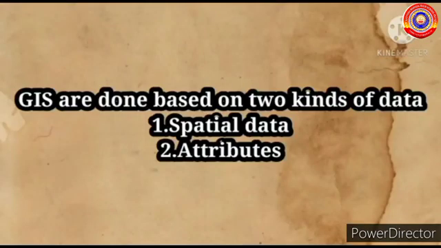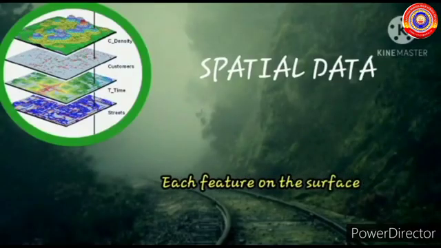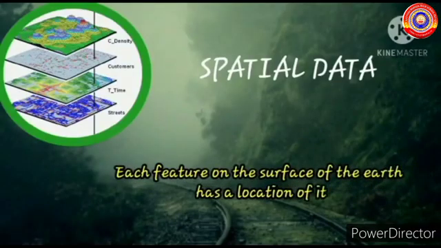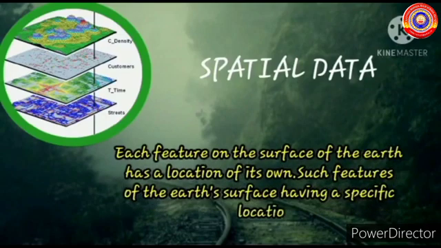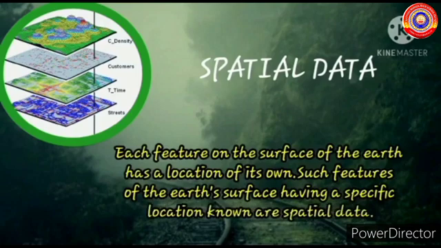All data analysis with geographic information system are done based on two kinds of data. They are spatial data and attributes. What is spatial data? Yes, each feature on the surface of the earth has a location of its own.